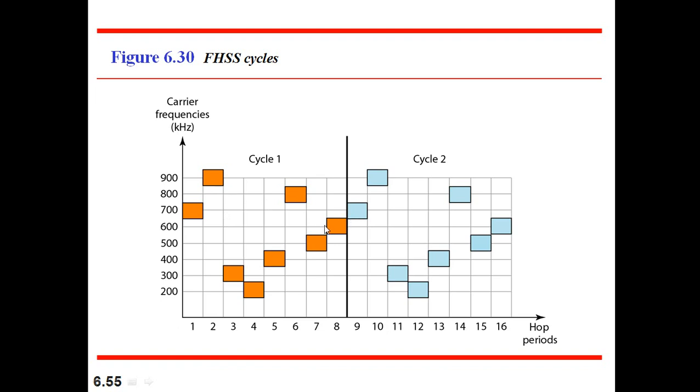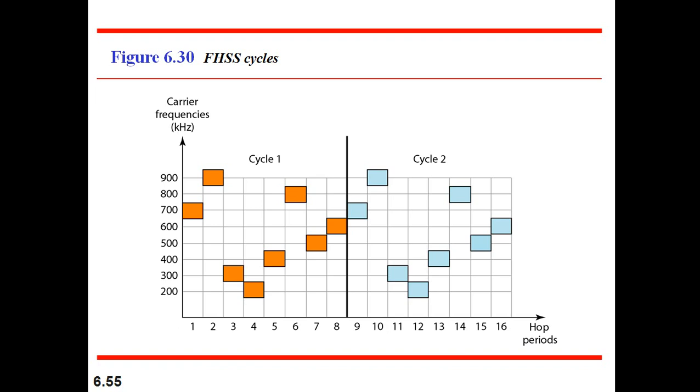If you look at this particular scenario, in the first hopping period, we are selecting the carrier signal with a frequency of 700. In the sense, we are transmitting the data or the signal in this particular channel.